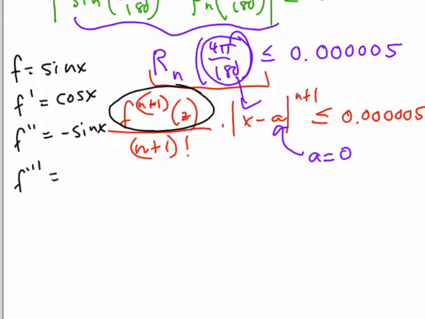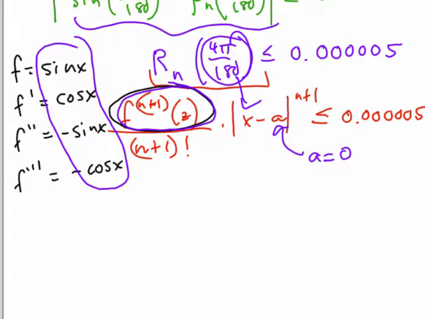Now, even though we're looking for the n plus first derivative, we don't know which derivative that is yet. We can see that no matter what the derivative is, it'll be plus or minus sine or cos. And we know that the maximum value of that for any value will be 1. So that will be our value of M, which we can plug into here. So we're slowly narrowing down what everything is.